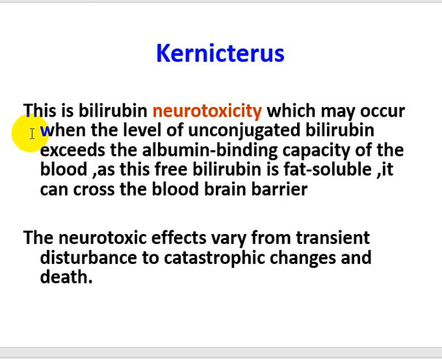And when it crosses the blood-brain barrier, what will occur? A neurotoxic effect. And there are different degrees, maybe transient, maybe associated with catastrophic changes, and maybe associated with increased mortality rate.